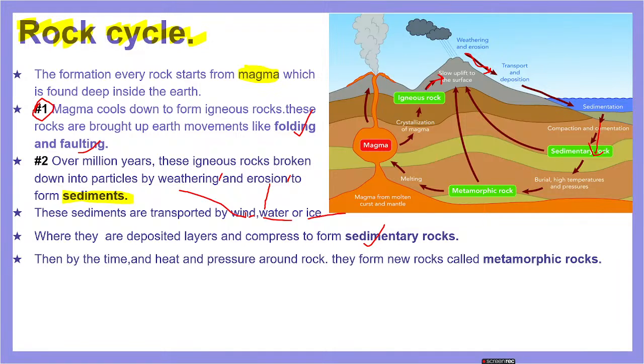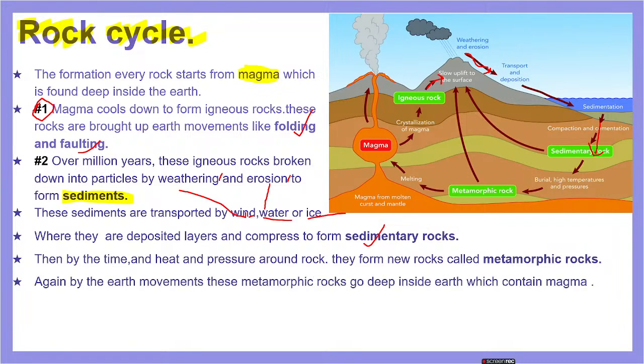Then next, with time, higher and higher temperatures and pressures make them form metamorphic rocks. These metamorphic rocks either come onto the surface of the earth, or melt with magma.